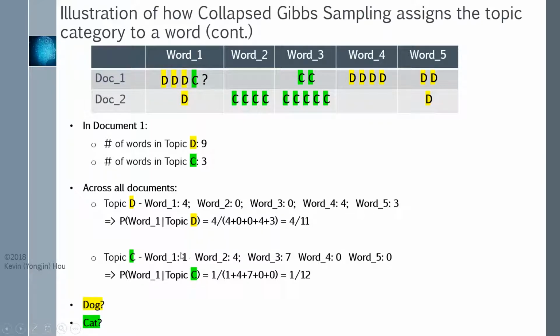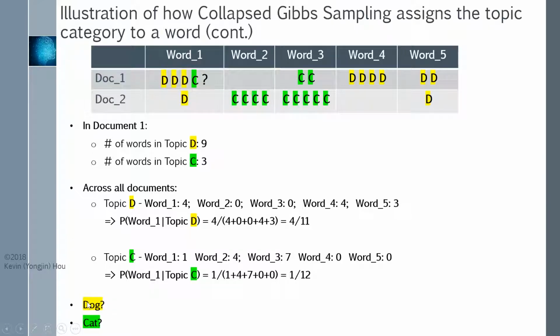Here is the simple math: 1 divided by the sum of all the individual numbers, which is 1 divided by 12. So far, so good. We're just doing simple word counting. We need a little bit of caution, but this is basically how it works. There's no complicated math here. We're just doing the counting based on the rules here.